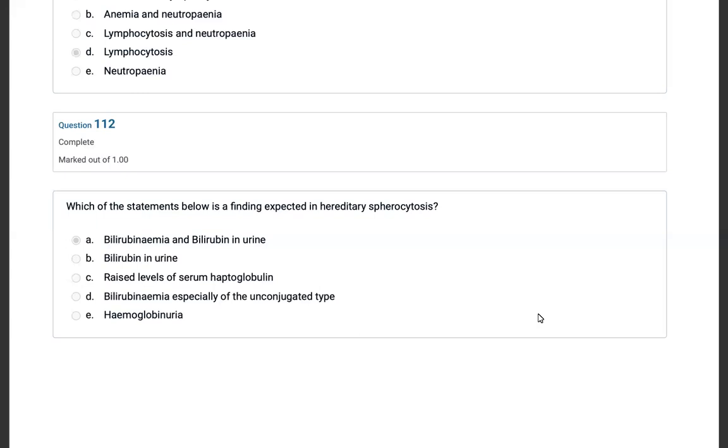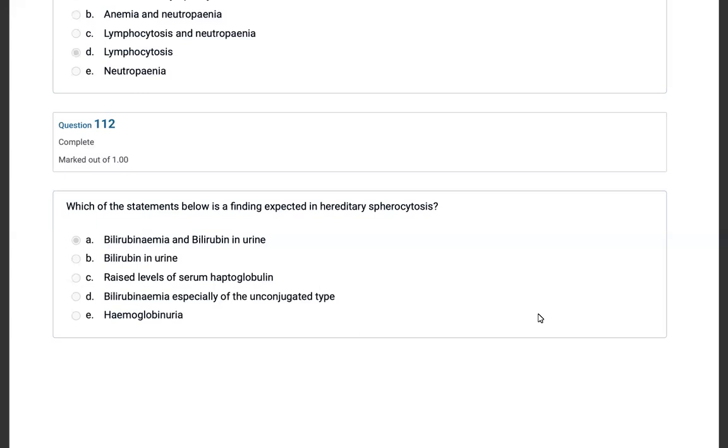It's going to be prehepatic, and in prehepatic you're leading to production of a lot of bilirubin that overcomes the function of the liver to conjugate and excrete it.